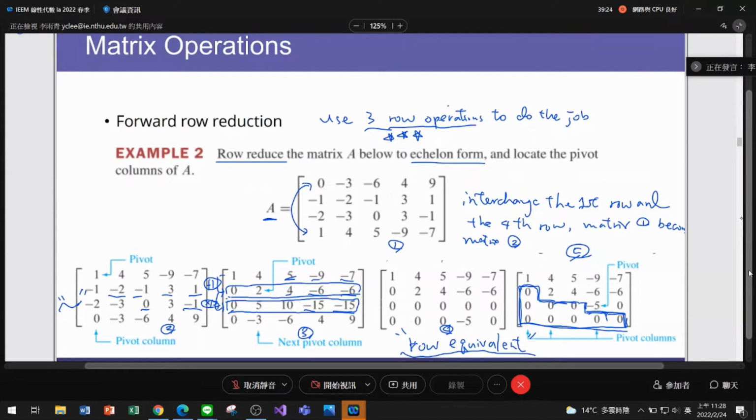Again, it's row equivalent, so we can write such a wave notation to describe the relationship from the second matrix to the third matrix. I think that you have used these notations in the past, but probably do not know the meaning of it. And it actually does mean something. It means row equivalent. They are not equal, you cannot use the equal sign, but they are row equivalent.